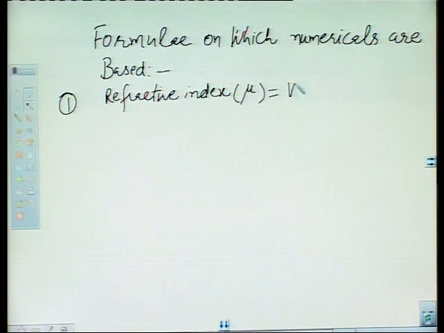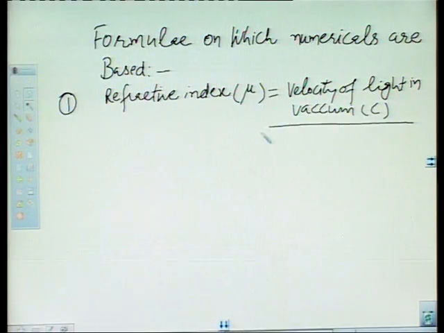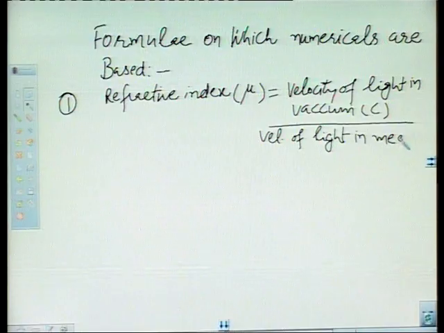This is equal to the velocity of light in vacuum, which is c, divided by the velocity of light in medium, which is v. So this is the first formula.